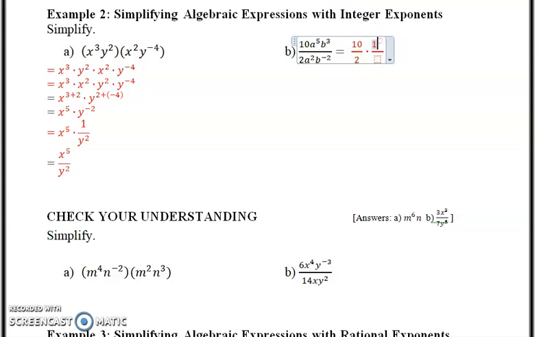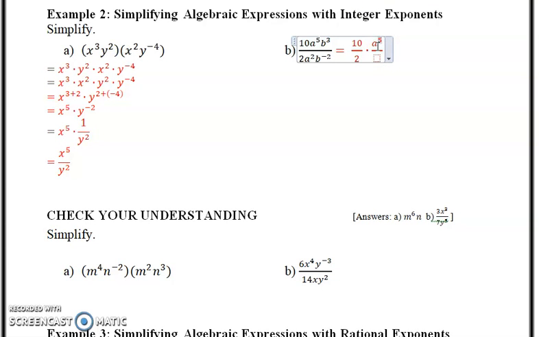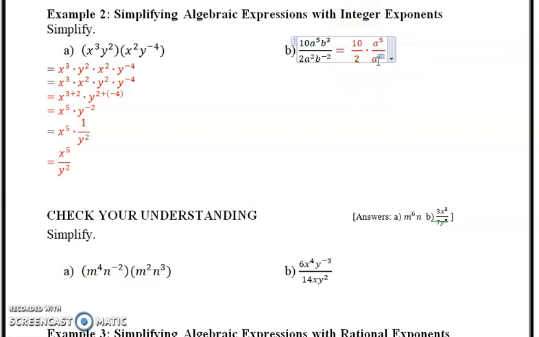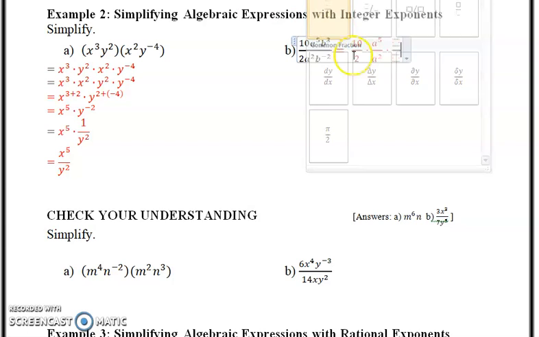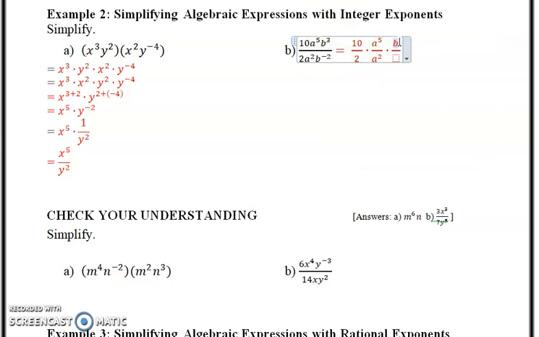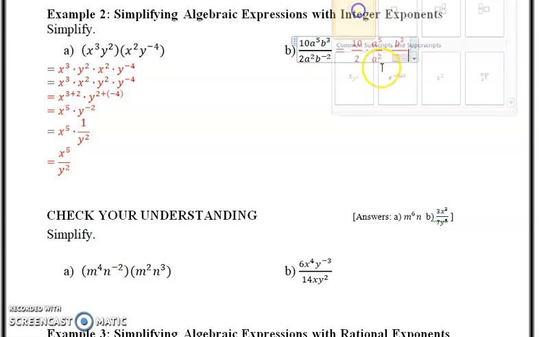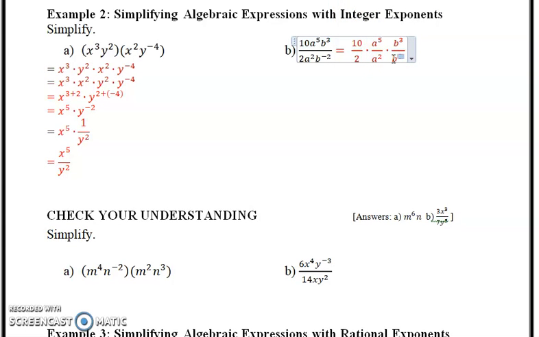And we get a to the power of 5 divided by a to the power of 2. And then we have the same thing here with b. Oh, I forgot to cube that. Let's cube that now. b cubed over b to the negative 2.